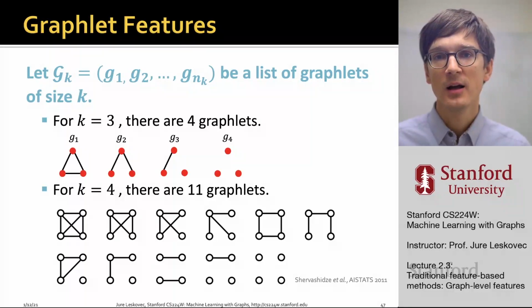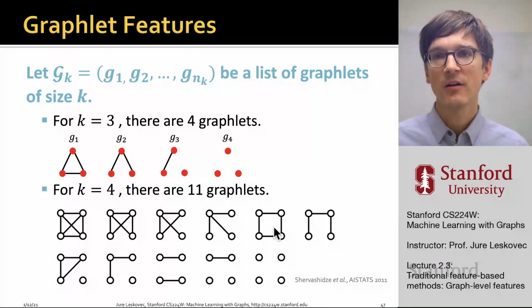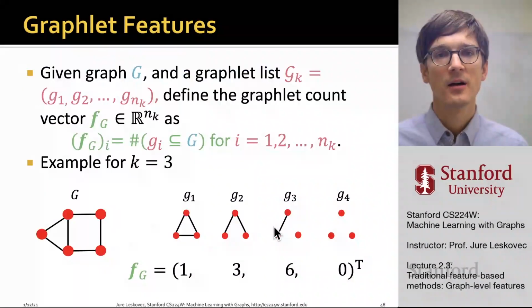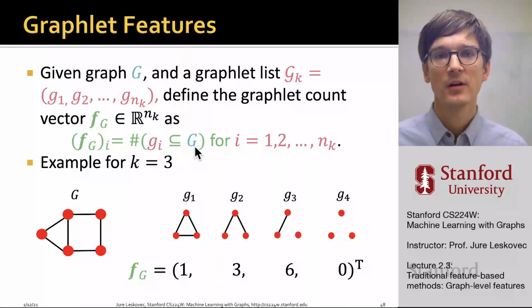And now, given a graph, we can simply represent it as a count of the number of different graphlets that appear in the graph. So for example, given a graph and the graphlet list, we define the graphlet count vector f simply as the number of instances of a given graphlet that appear in our graph of interest.